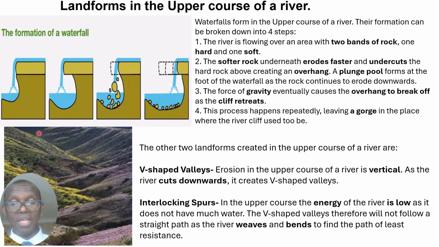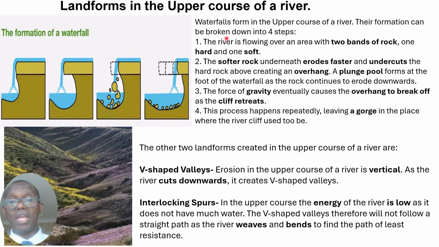Okay, we can see that it's interlocking. We have interlocking spurs here, right? As the river is bending, you have interlocking spurs. That is what we are referring to as interlocking spurs as it bends around the landscape and tries to find the path of least resistance.